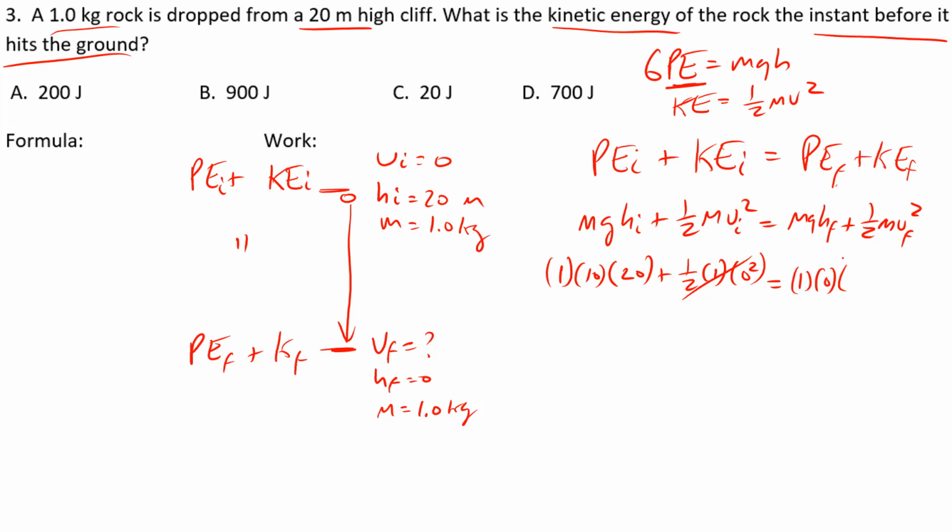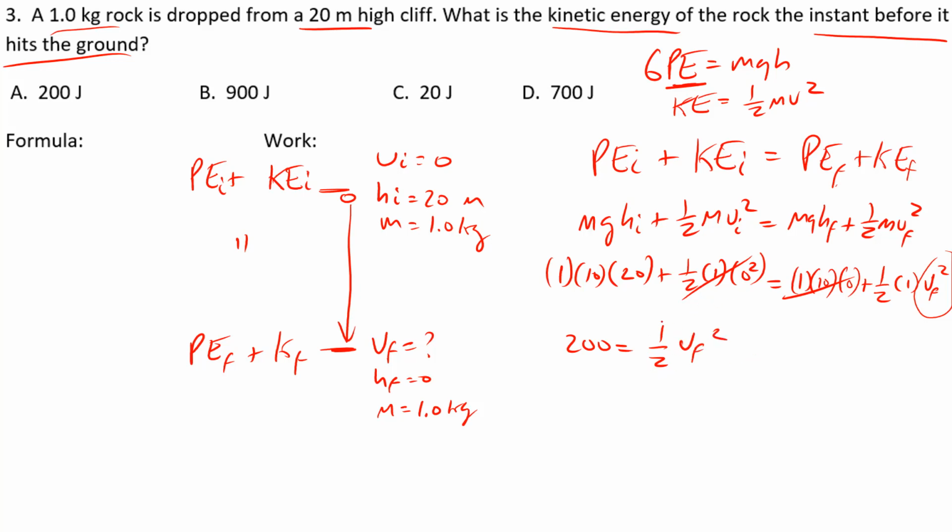Just going with that equation, that would have been 10 because that was the gravity part. 10, the height now is 0. Plus 1/2, m is still 1, and then vf squared, this is what we're trying to find. So we'll go ahead and plug this all in. 20 times 10 is going to be 200 equals, this is going to cancel out, 1/2 times 1 times vf squared.